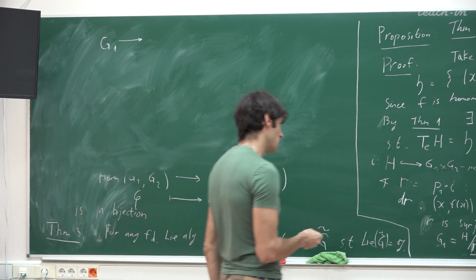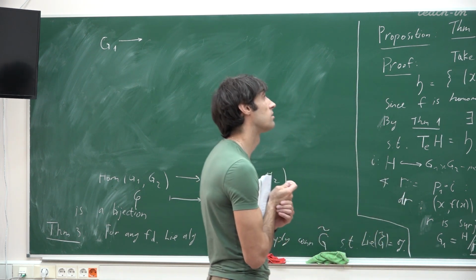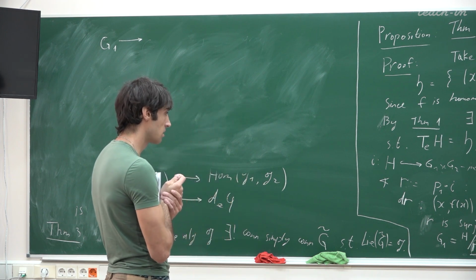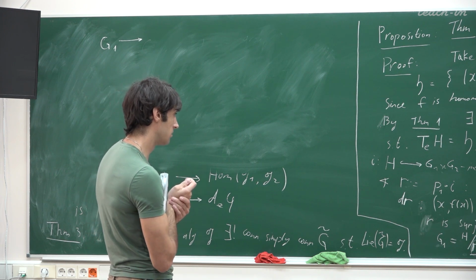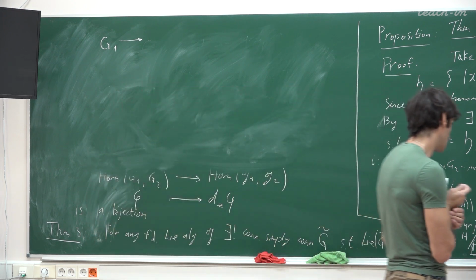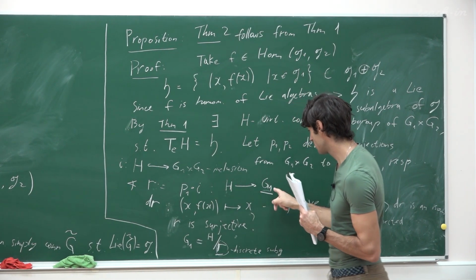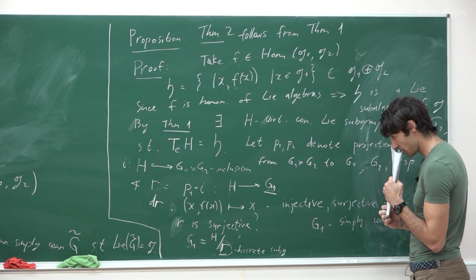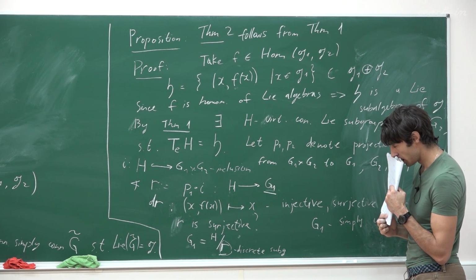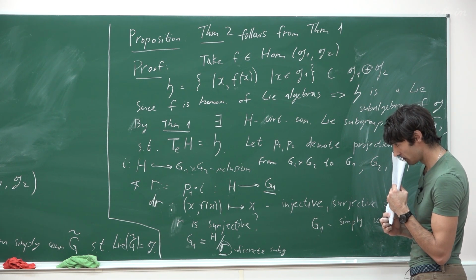If I have a smooth map, H is something connected in here, because the differential looks like a projection to the x.